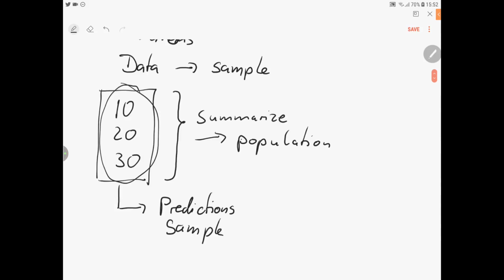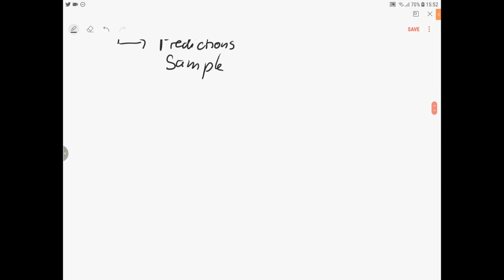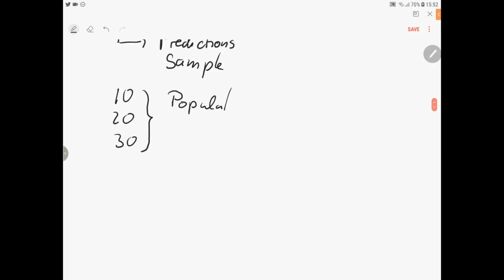Now, let me just quickly run through what we can do with these data. I write them down again, 10, 20, 30, and in the first place we want to summarize them. So we want to calculate the mean, and because we are talking about a population, we talk about the mean of the population, and that is usually indicated with this mu.